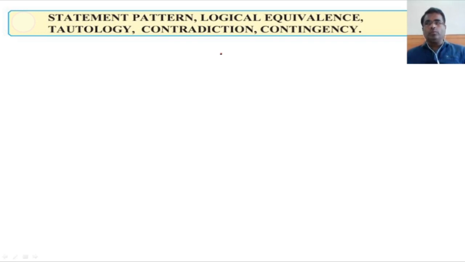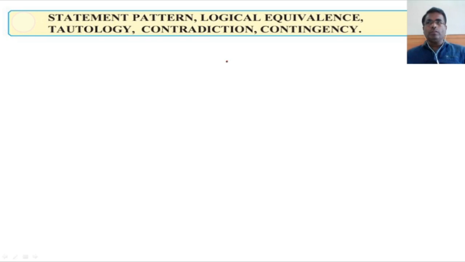And due to these 5 connectives, we get 5 types of operations: when we use and, we get conjunction; for or, we get disjunction; for if then, we get implication; for if and only if, we get double implication or biconditional statement; and when we use not, we get negation of a statement.